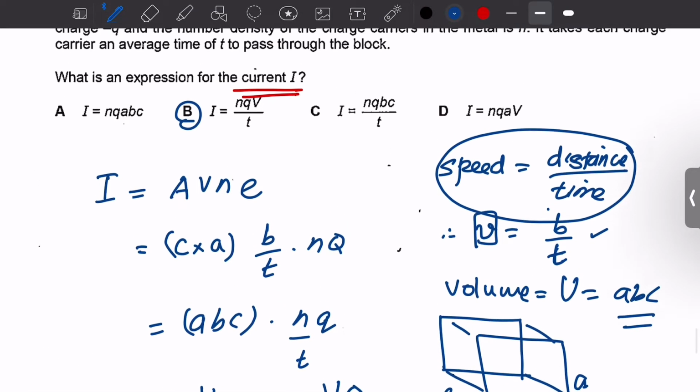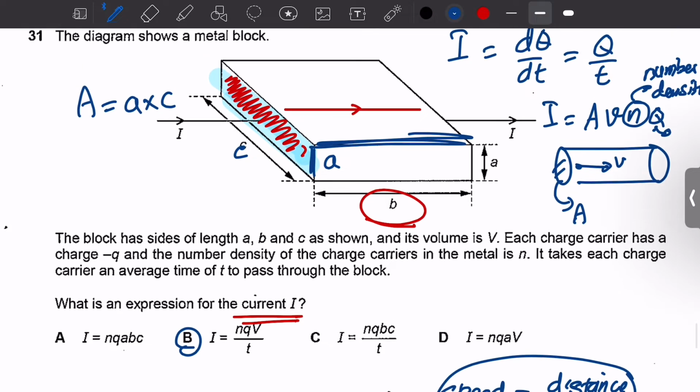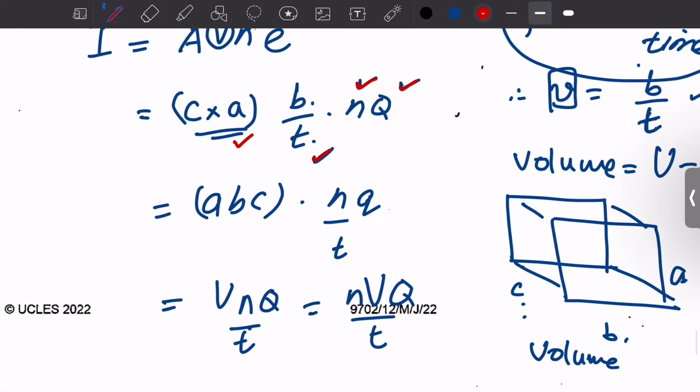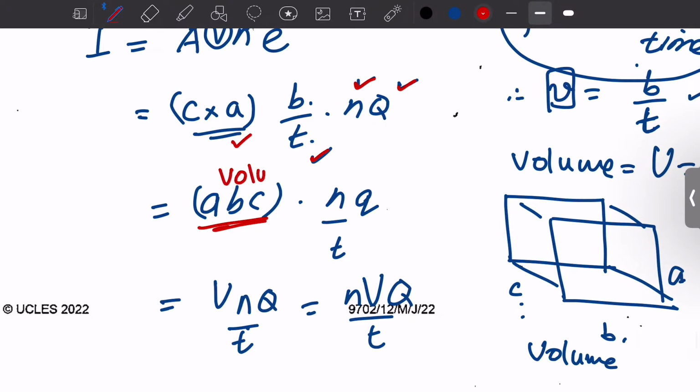Let's remember these three things. Speed has an equation, volume has an equation, and cross-sectional area has an equation. Now let's use this one in this equation. Cross-sectional area is C times A. Speed is B over t, and number density n is given. Charge of one charged particle is q. I will use red mark, so we know all these four. Now CA times B, I can write ABC. ABC is the volume, right? We found it here.